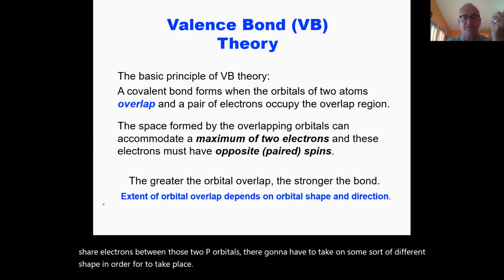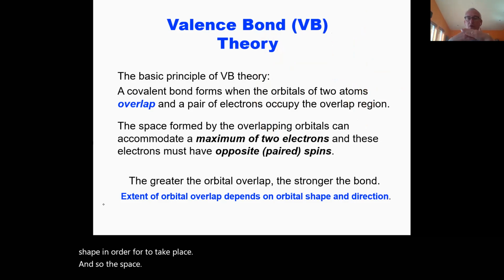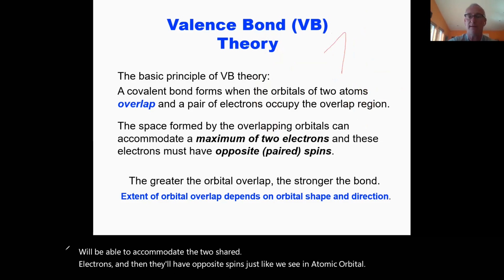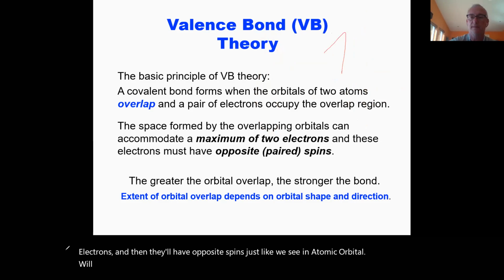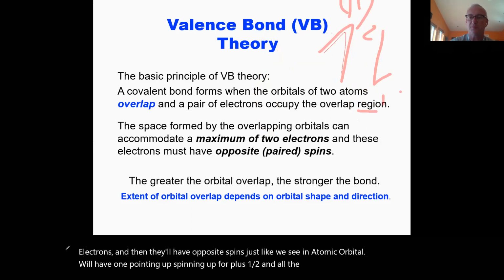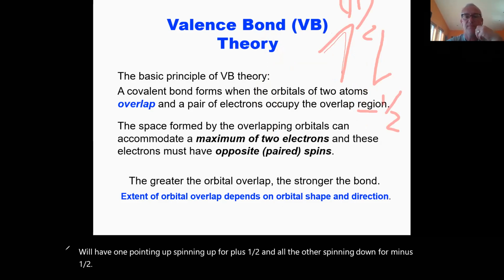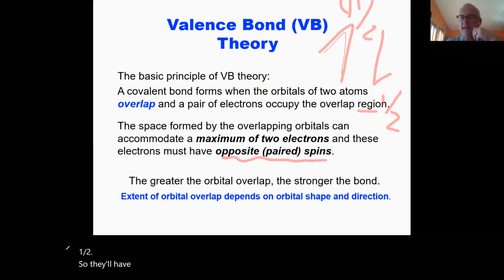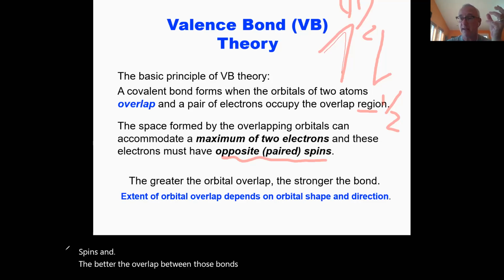And so the space formed by these overlapping orbitals will be able to accommodate the two shared electrons. And then they'll have opposite spins, just like we see in an atomic orbital. We'll have one spinning up for plus 1/2, and we'll have the other spinning down for minus 1/2. So they'll have opposite spins. And the better the overlap between those orbitals, the stronger that bond's going to be.